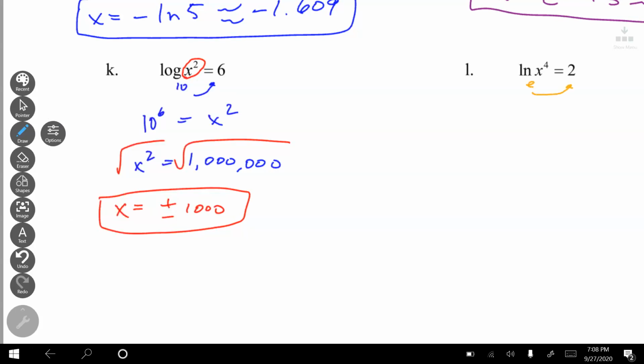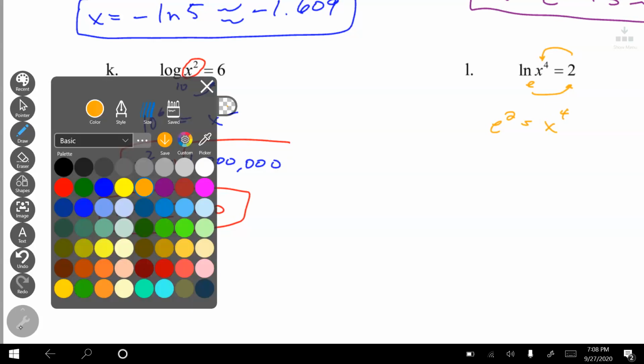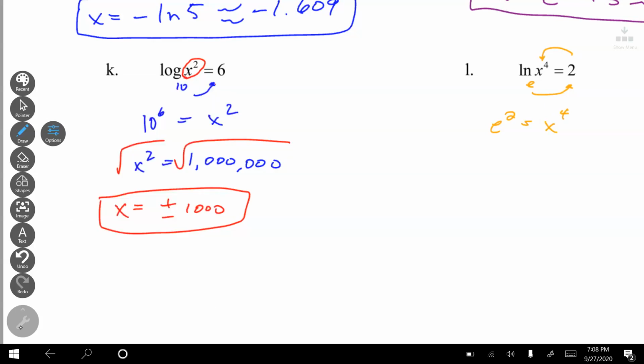I'm going to do the same process in this next problem. This is base e. I'm going to curl it. I get e squared is equal to x to the 4th. I'm going to take the 4th root of it. I get x is equal to plus or minus the 4th root of e squared.